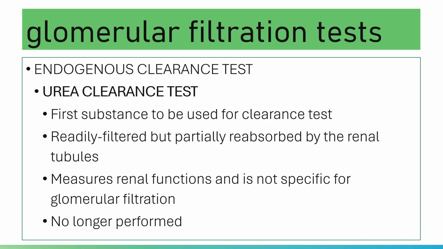Your urea and creatinine are the candidates experimented to approximate your inulin. Inulin clearance is the standard test, kasi. And the sad thing kasi for inulin, it is an exogenous substance.